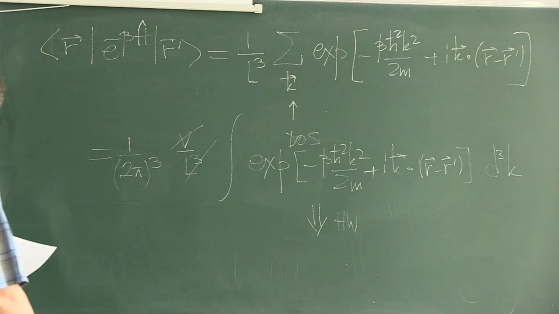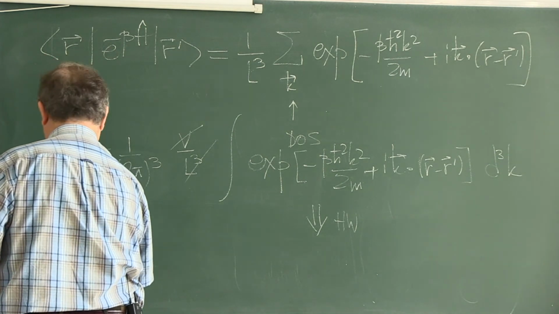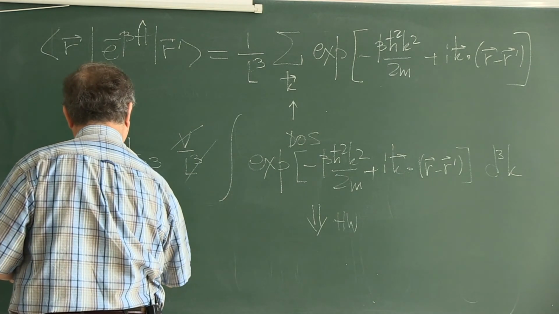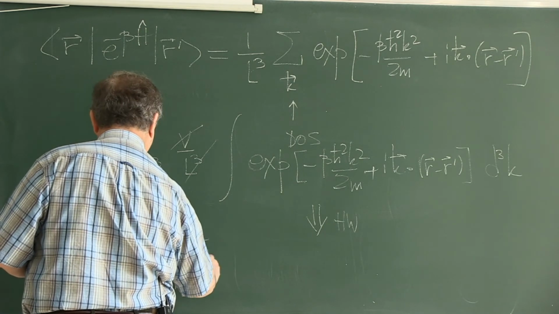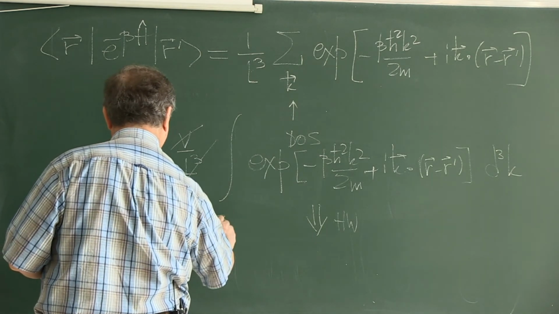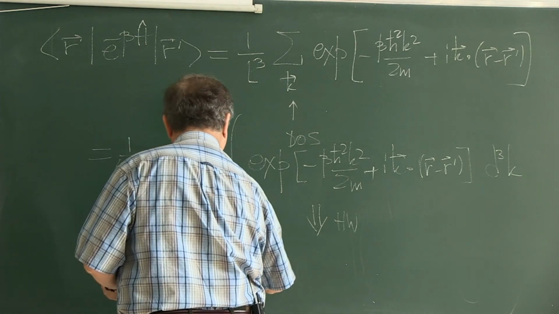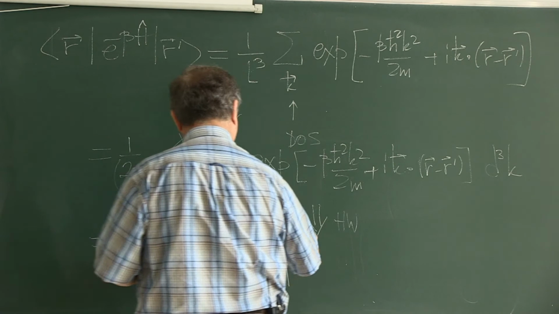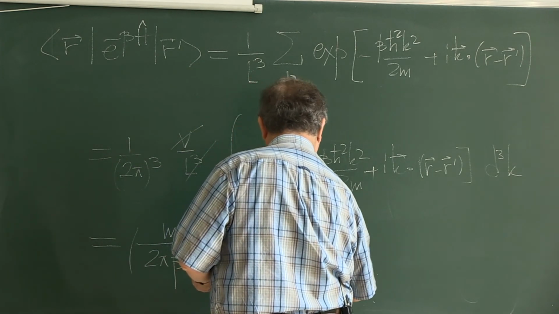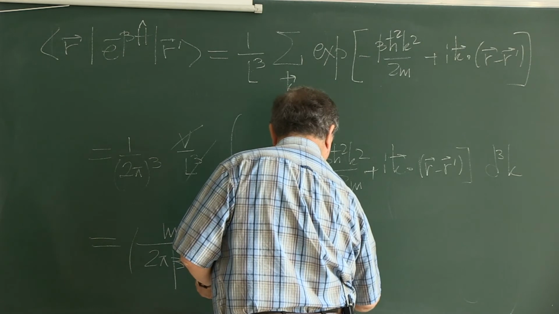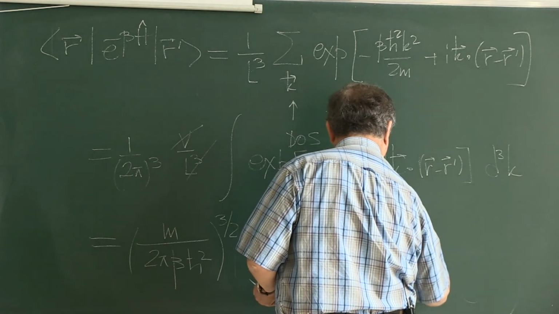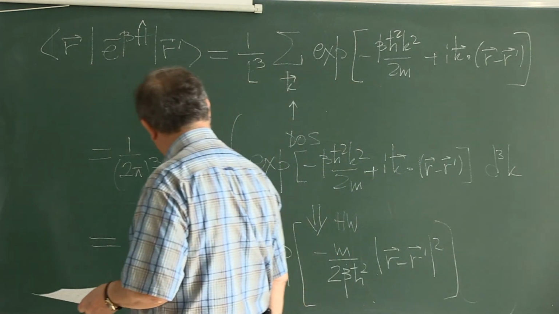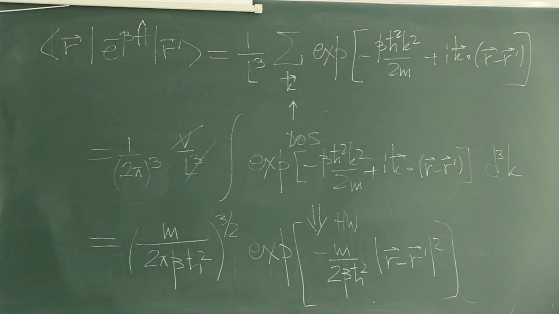To be in this form: m over 2 pi beta h bar squared to the power 3/2, exponential minus m over 2 beta h bar squared, r minus r prime squared. Okay? So it is a Gaussian function.